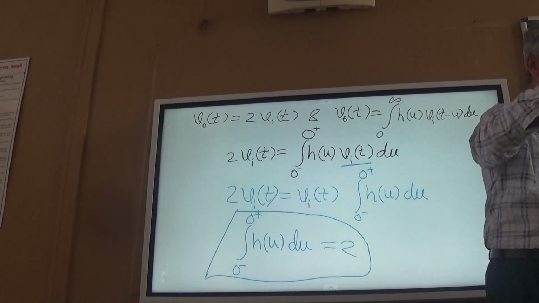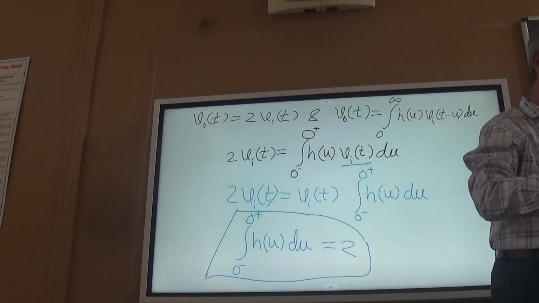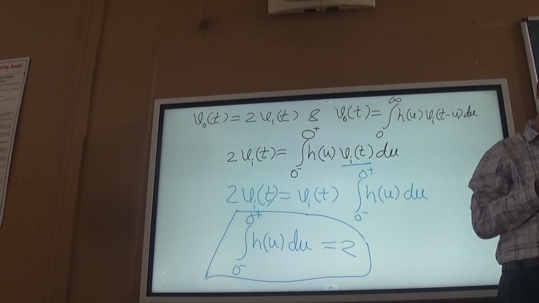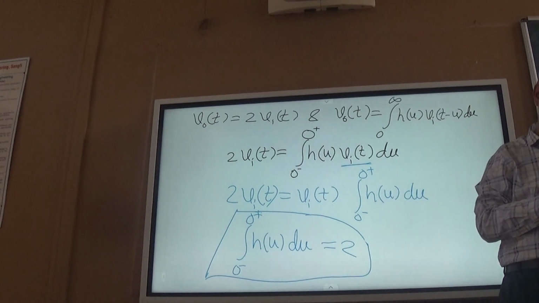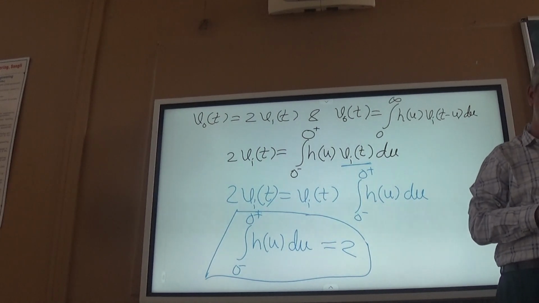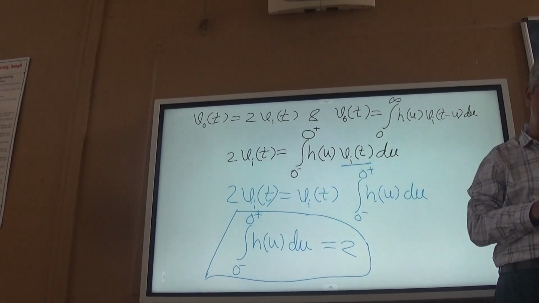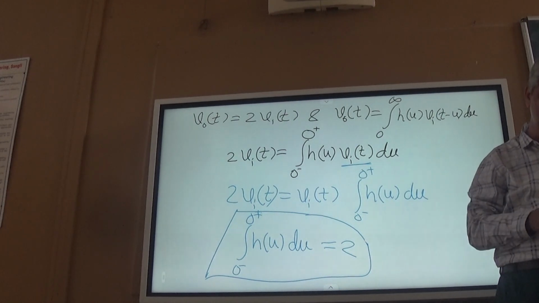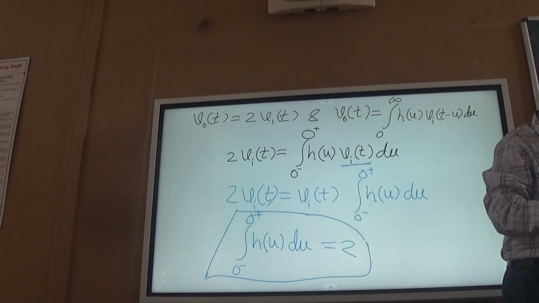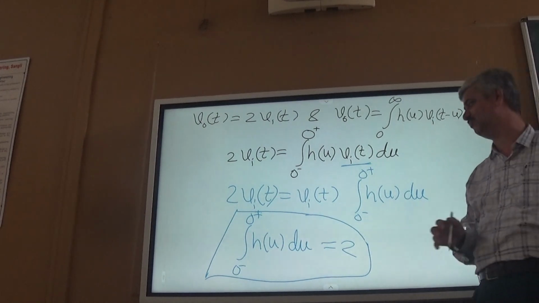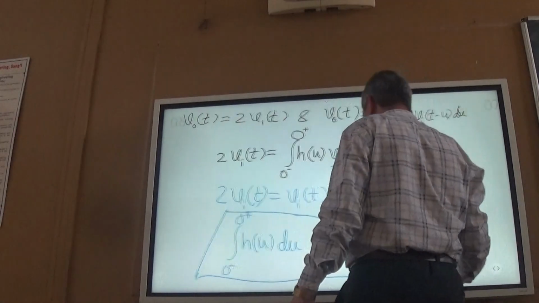h(u) du is what? As du tends to 0, h(u) du is a strip of infinitesimally small width and infinite height with area 2. What is h(u)? Each and every word is important.